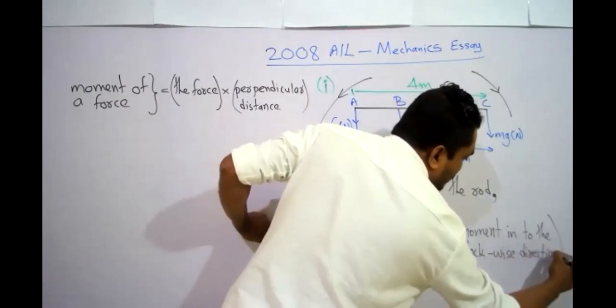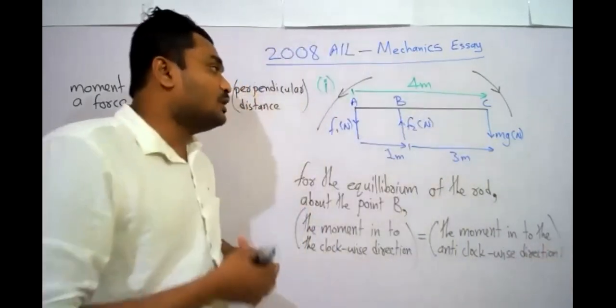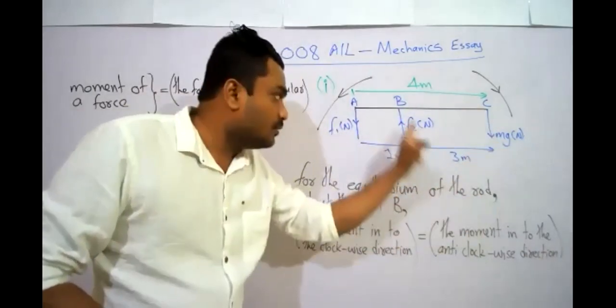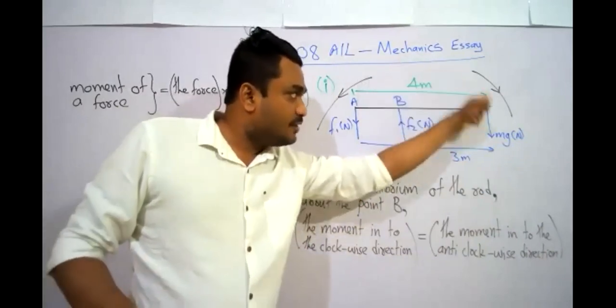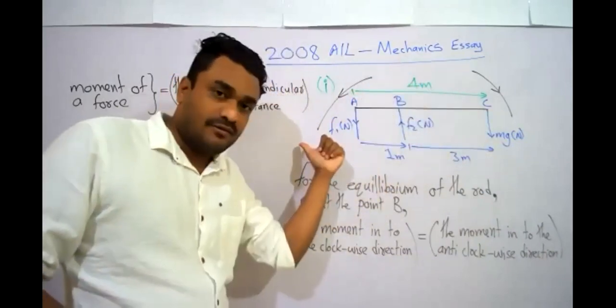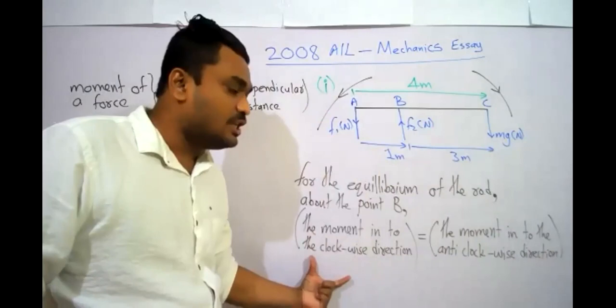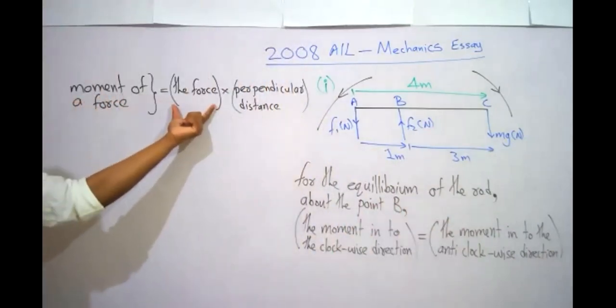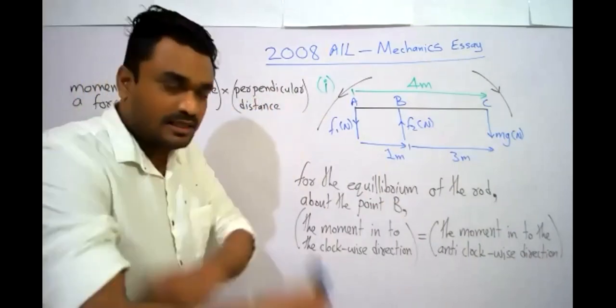Please don't write, I'll give you the time. Let me explain. For the rod to be at rest, for the rod to be in equilibrium, about the point B the rotating effort in this direction must be equal to the rotating effort in the other direction, which are said to be the moments. A moment of a force can be found by this equation: force into perpendicular distance.